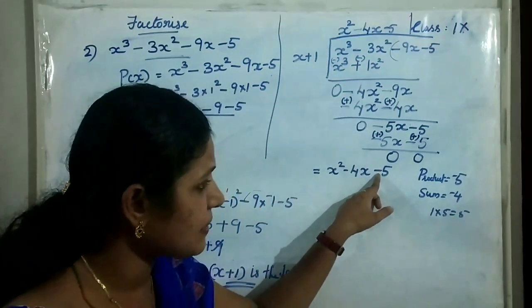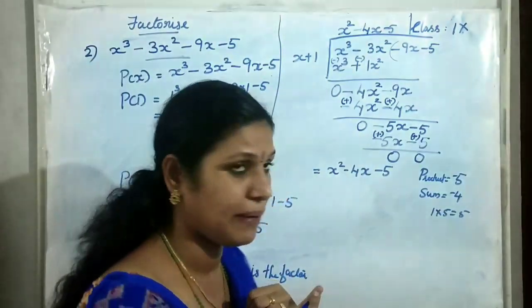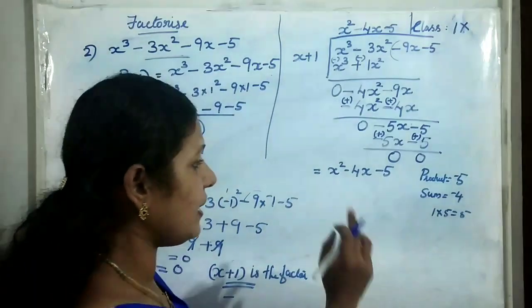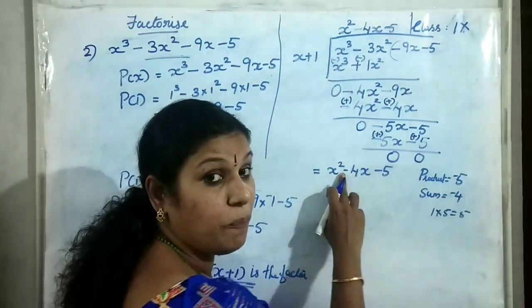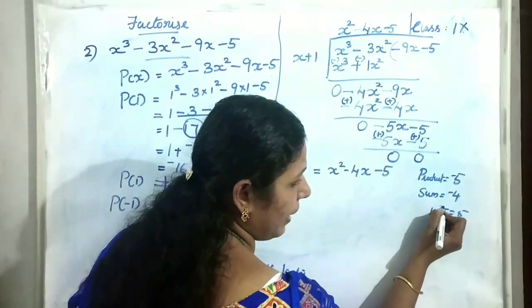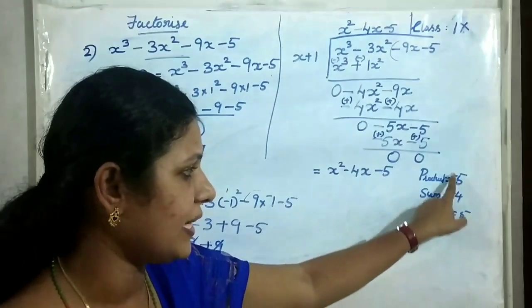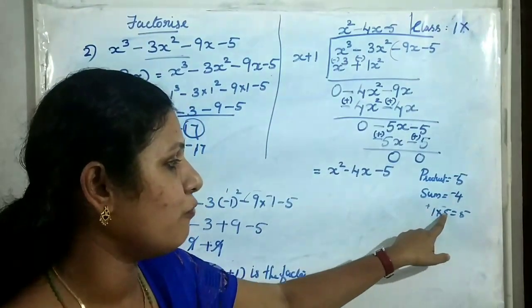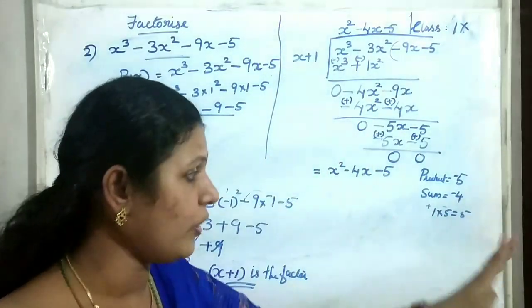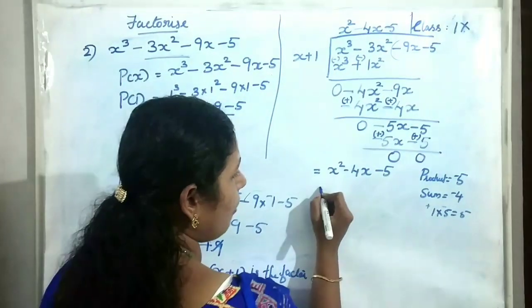But here the sign is minus, so of the two numbers, one has a plus sign and the other a minus sign. Here the sum sign is minus, so the bigger number's sign is minus. So that's why minus, plus. Now 1 into 5 is 5, that is minus 5 we get, and 5 minus 1 is 4, that is minus 4. Understood? Those are our numbers.